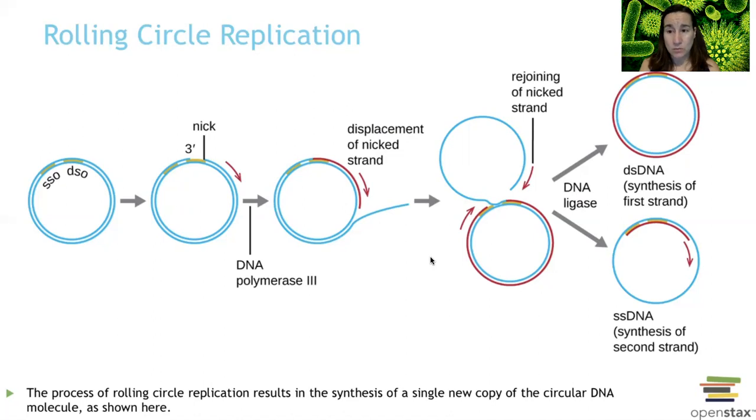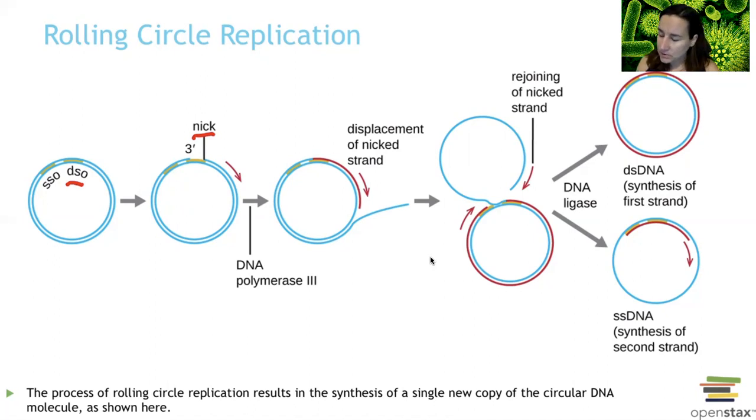So we said that there was one origin on replication. We've got our double-stranded origin right here, and it's going to start with a little enzyme that comes along and cuts it. So the enzyme nicks it at the origin, and now DNA pol 3 binds on, because DNA pol lays down new DNA.